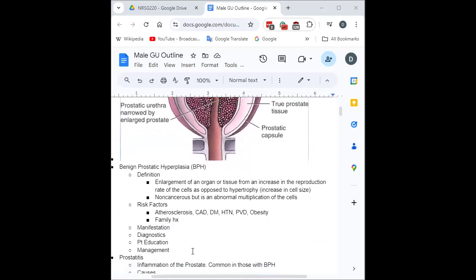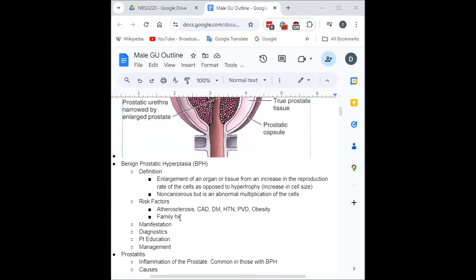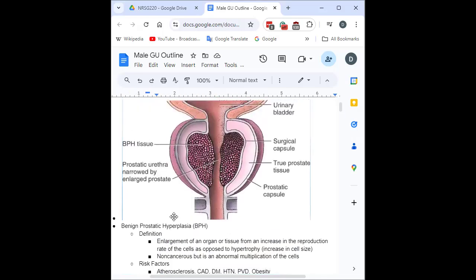Some risk factors that I included for you guys include family history and some others. A lot of these risk factors are similar to things you would think about with perfusion: atherosclerosis, diabetes, hypertension, PVD, CAD, obesity in general. An easy way to remember that is that a lot of this stuff causes narrowing of vessels. Even though this is not a blood vessel, it's a urethra, it's still causing constriction of a vessel.